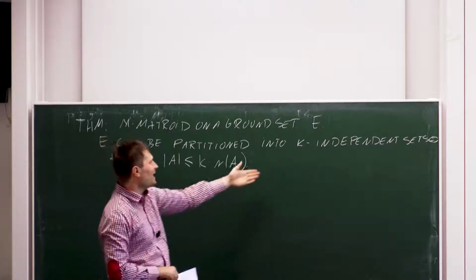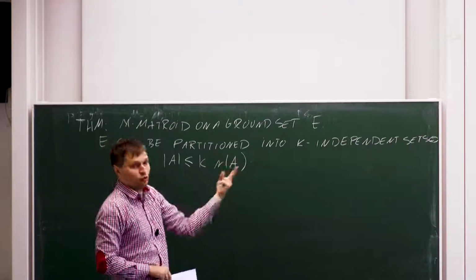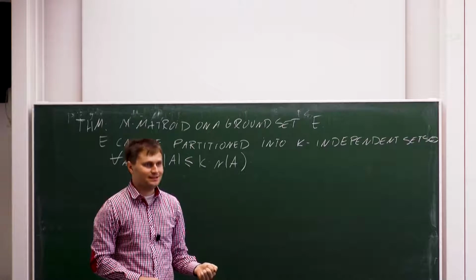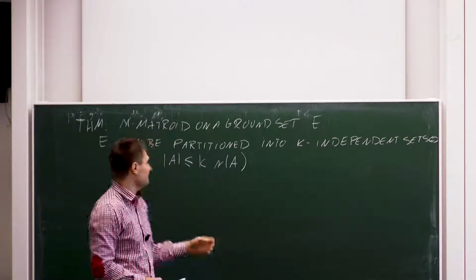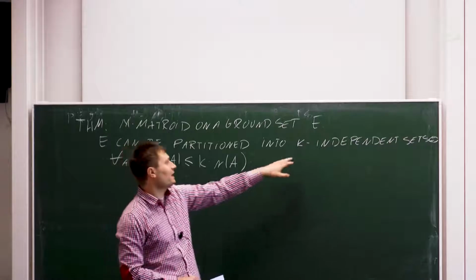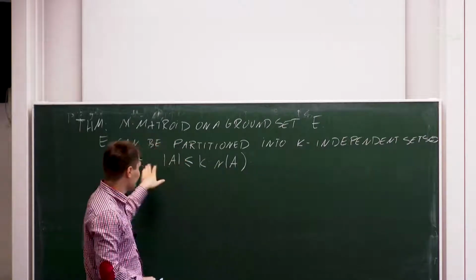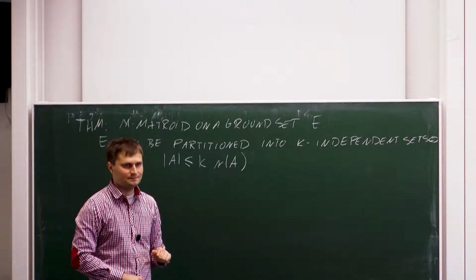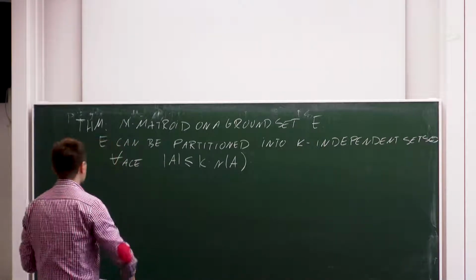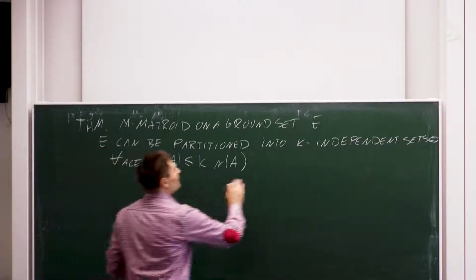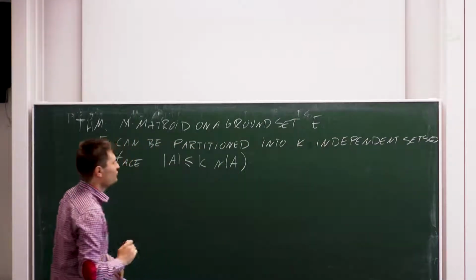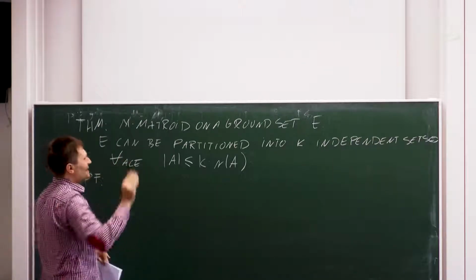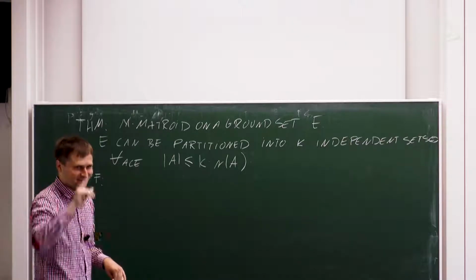But the thing is that you may ask, can I partition my set into two independent sets? It could be a huge set. Can I just take two independent sets, or three, or four? And this theorem tells you that if you want to take 5 independent sets, you have to check this inequality. So k is the number of independent sets. It's not some k-independent, it's k independent sets.